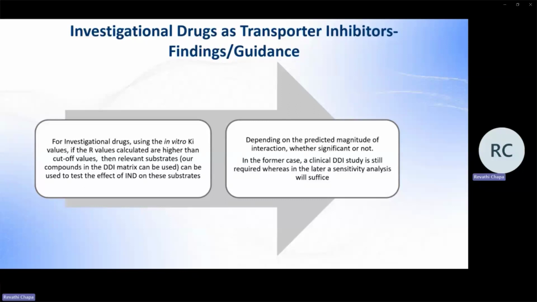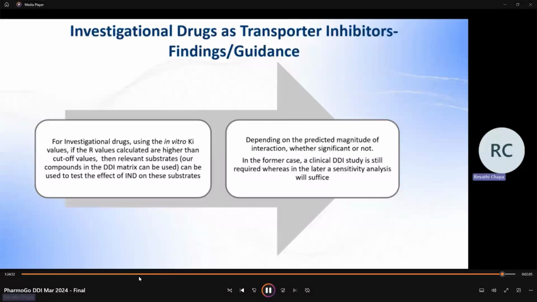For example, you can test the effect of an investigational drug that is an OATP1B inhibitor using our victim compounds like rosuvastatin and pravastatin, and see how much this investigational drug affects the PK of the victim.